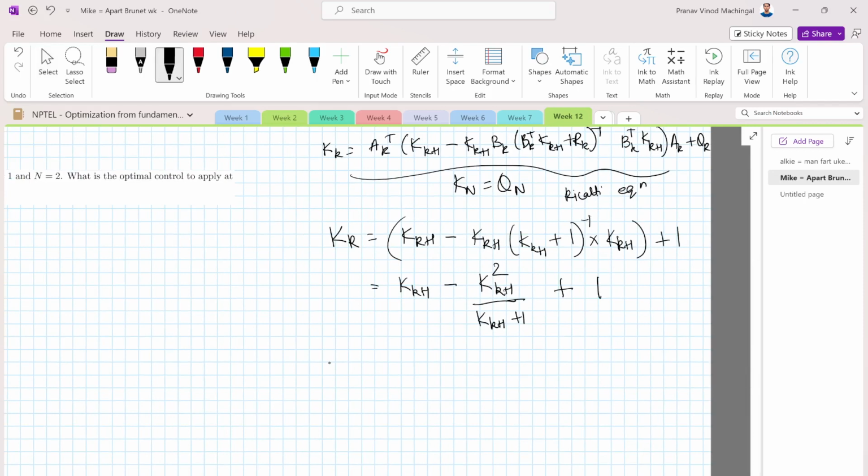So we have K2 is equal to Q2 is equal to 1.